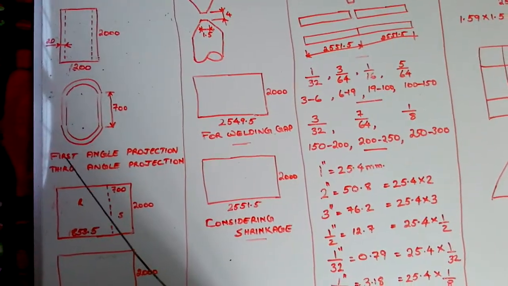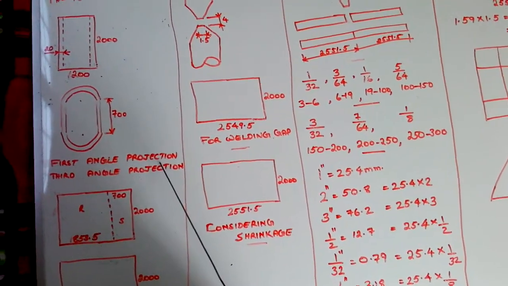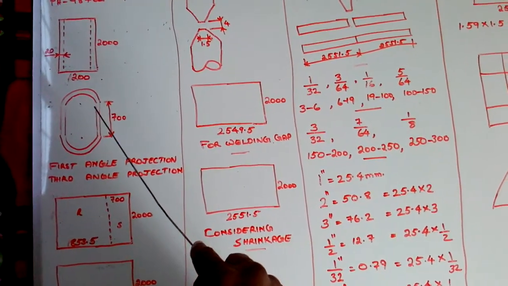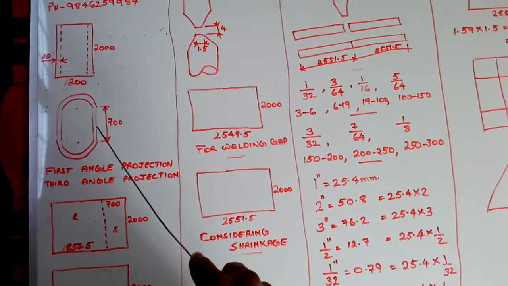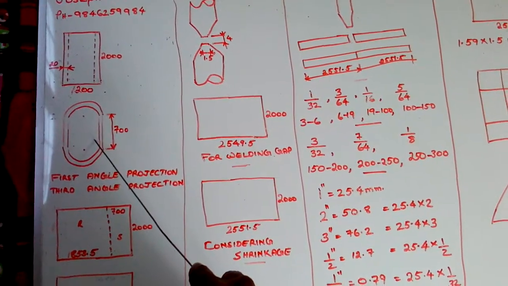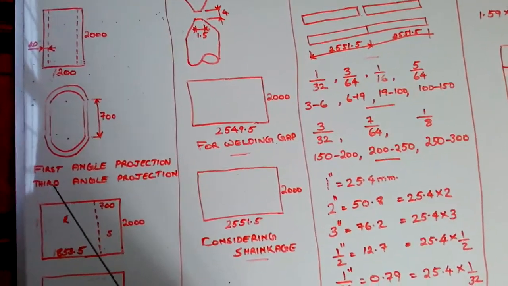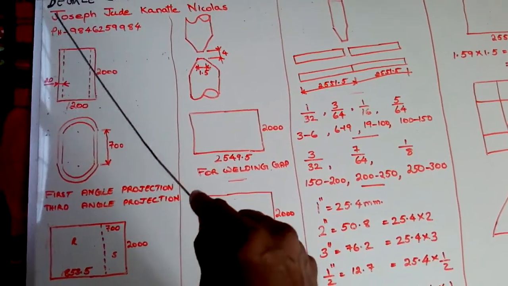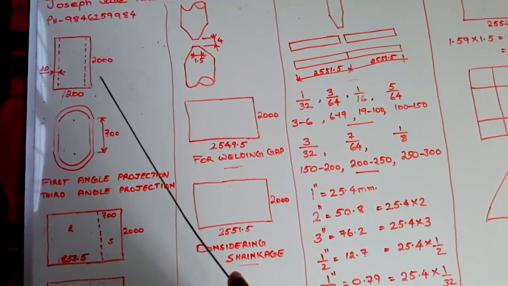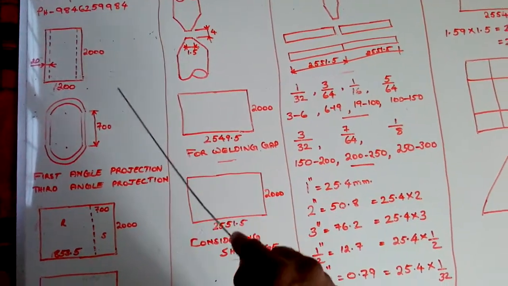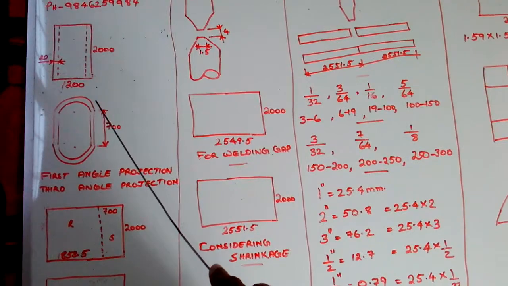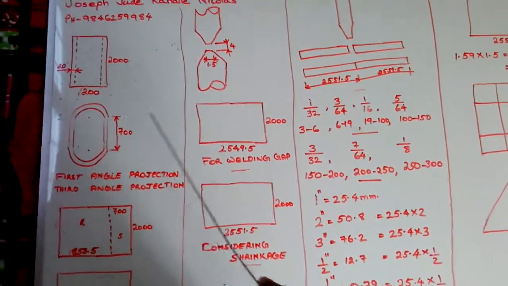First angle projection means the plan will be on the downside. Third angle projection means the plan will be on the top side. This drawing is in first angle projection.